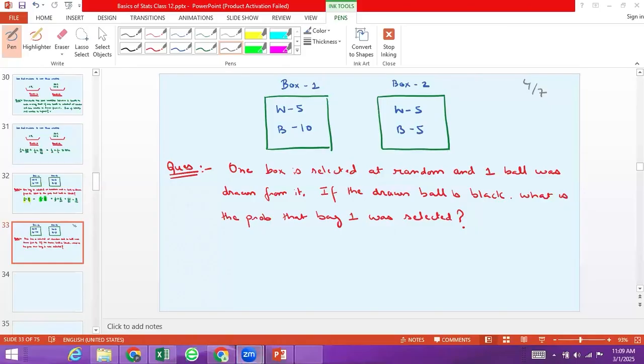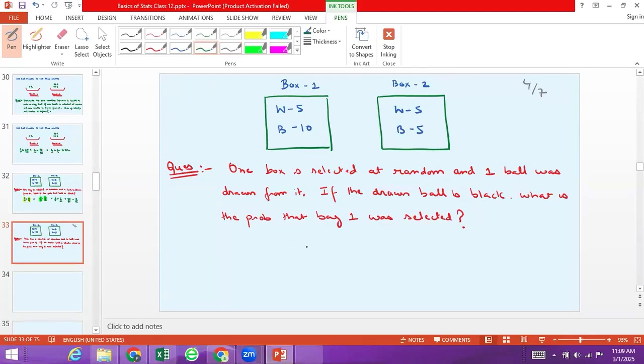But I got dropped out for a second. I'll share my screen again. Okay, let me tell you. This question you are supposed to solve using Bayes' theorem.